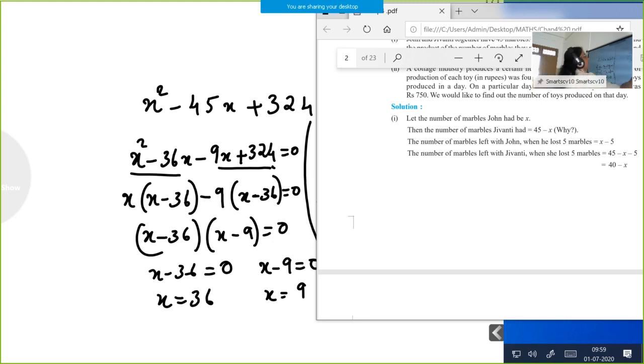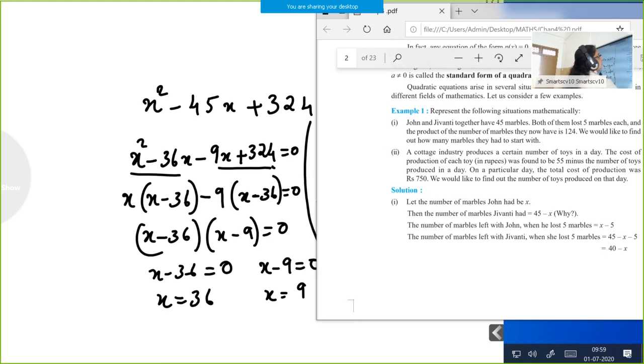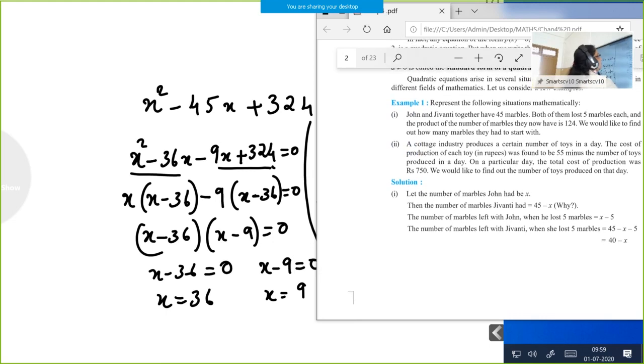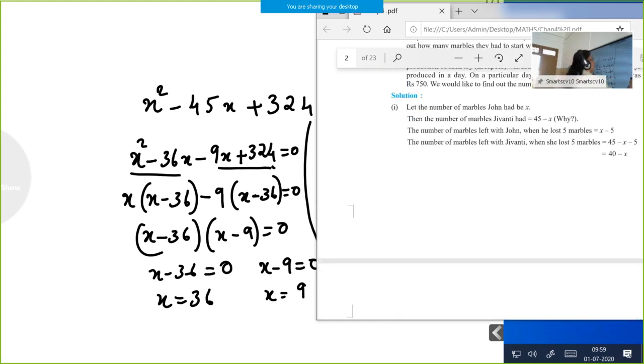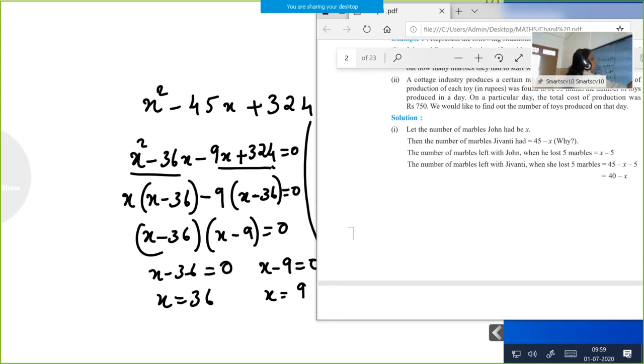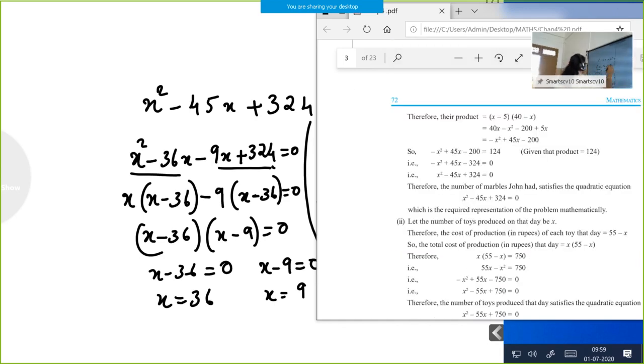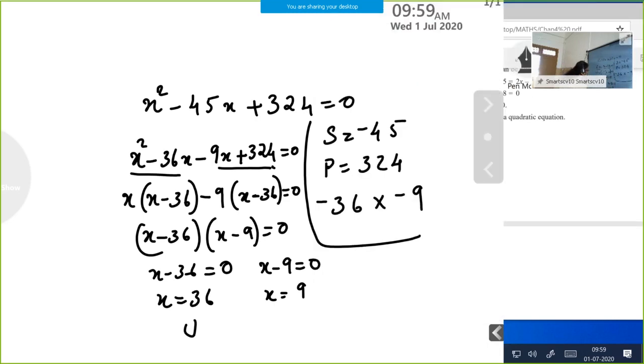Or you take the number of marbles John had as 9, then Jivandi has 45 minus 9, that is 36 marbles. Okay, right?